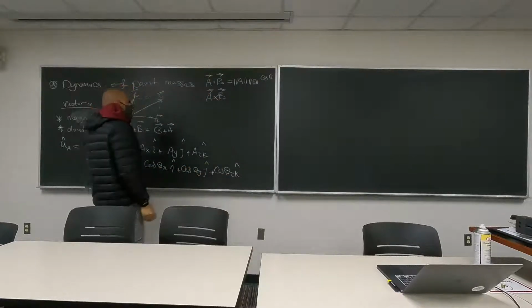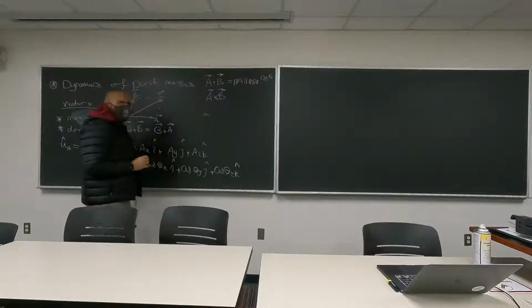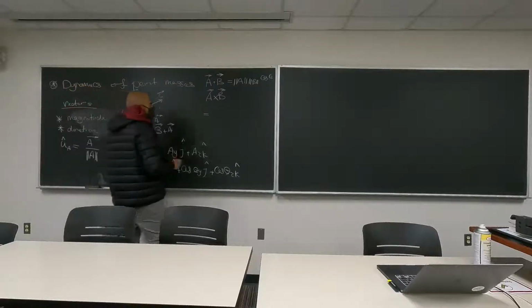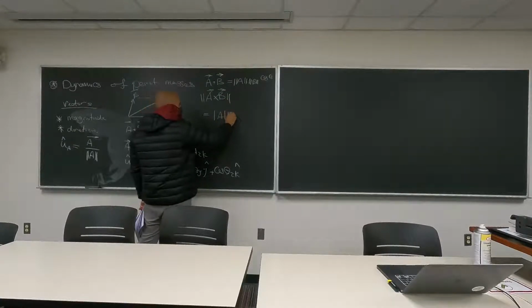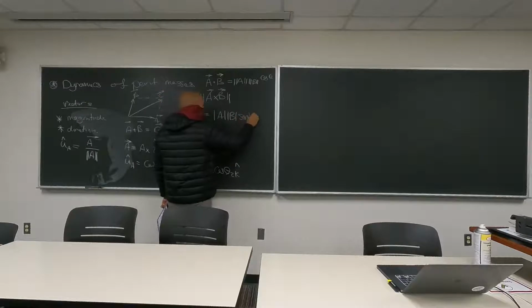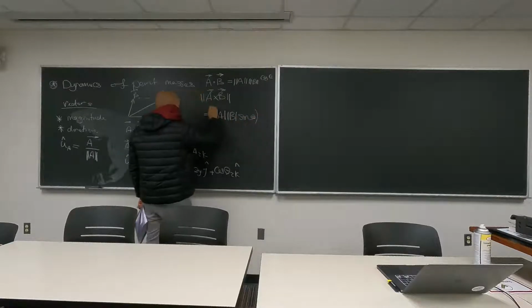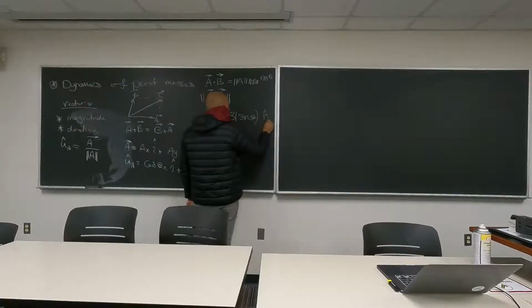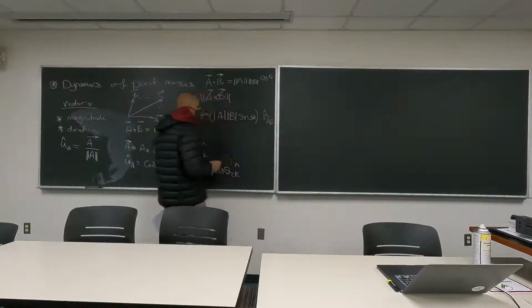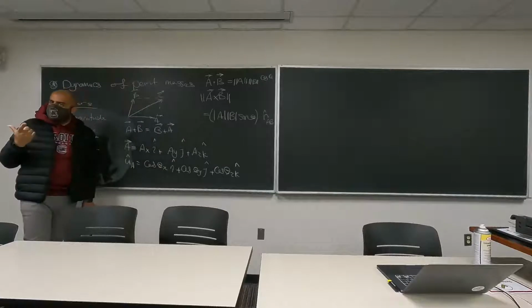A cross product will give you a vector, on the other hand. Its magnitude is the magnitude of A, magnitude of B, sine of the angle in between. And again, it's in the direction normal to the two vectors.